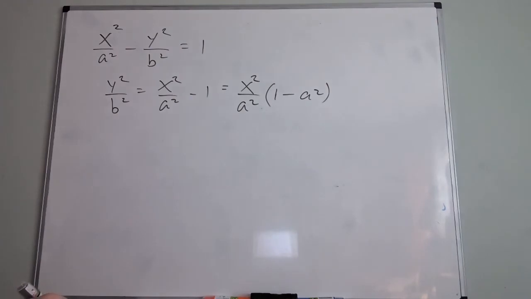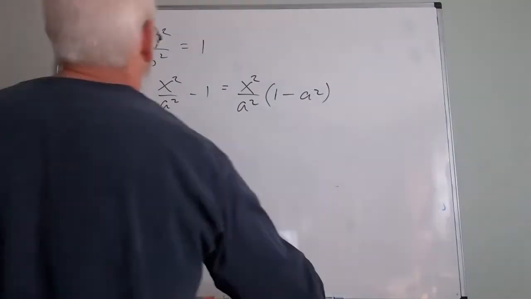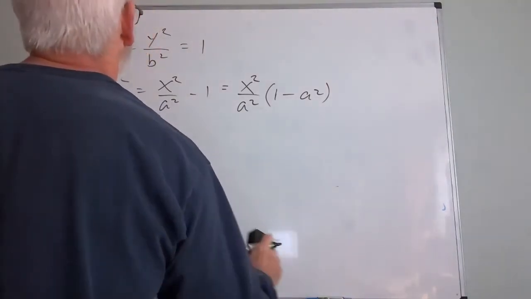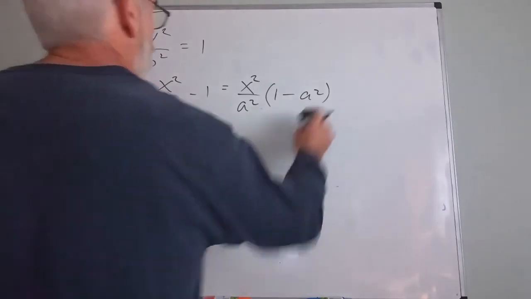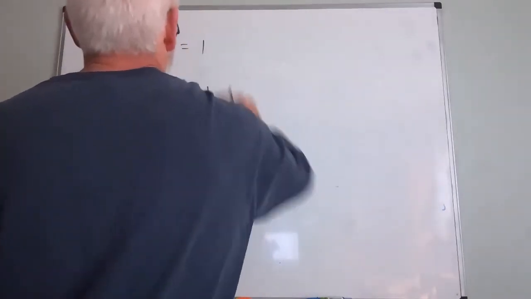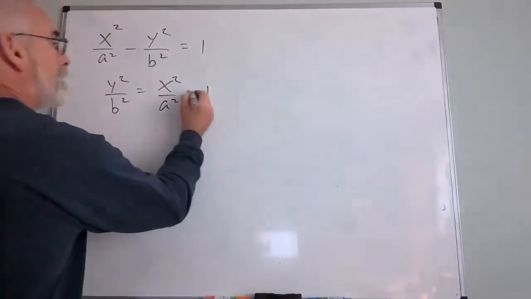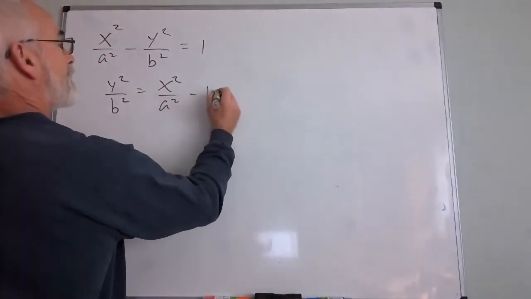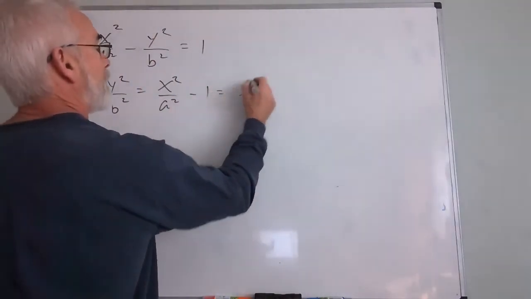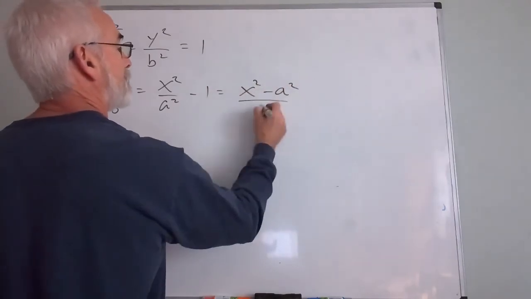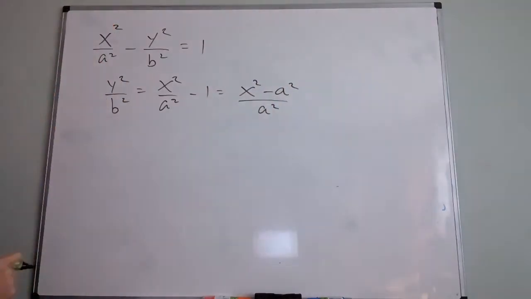Hold on. Do I want to write it minus 1? Hang on, let me rewrite that in a moment. Actually, let me write it like this first. I'm going to write it as one quotient. This will be easier for you to absorb if I write it this way.